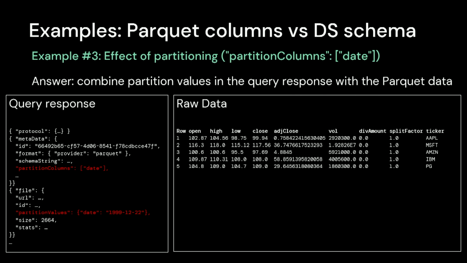And sure enough, it has a value for date of December 22nd, 1999. The actual raw data in the Parquet does not possess that date. So what's incumbent on us as developers is to synthesize a table and apply for this particular file the column values for date equal to December 22nd, 1999. So all of a sudden, it's getting a little more nuanced. You have to look at more things before just projecting the answer that's conformant to the request.